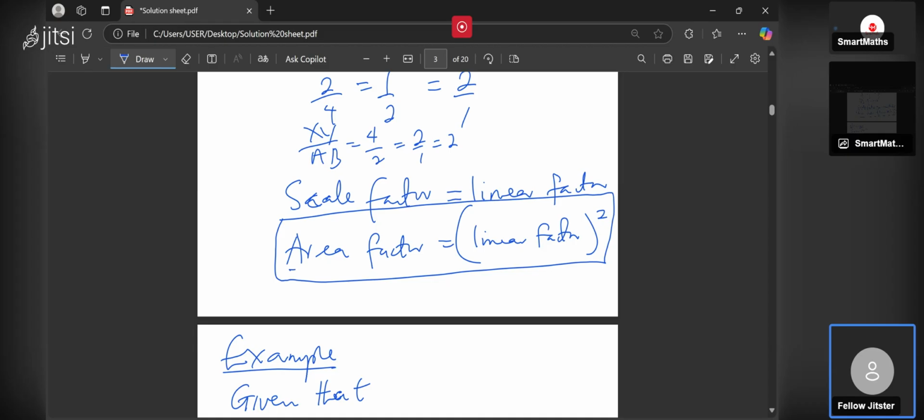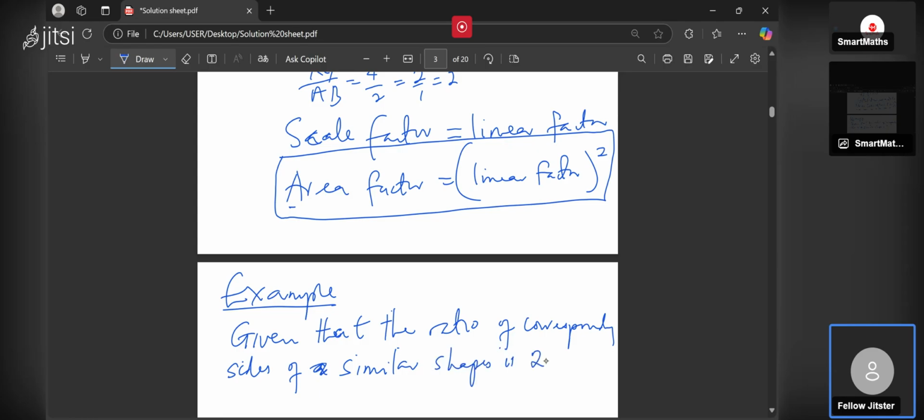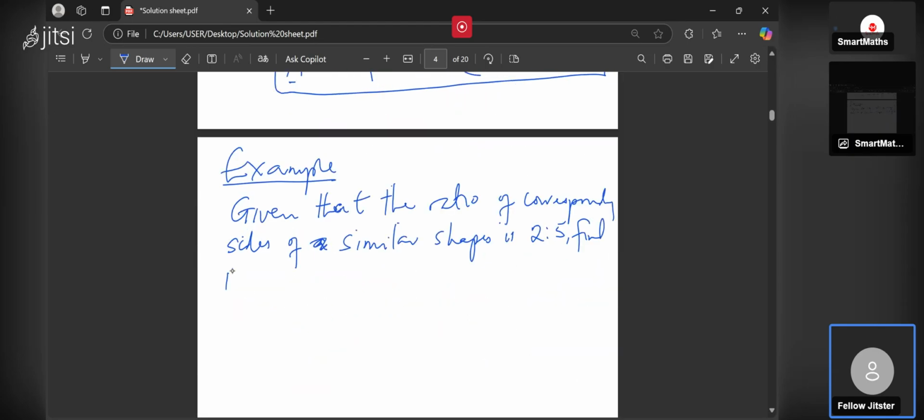So let's now look at an example. Given that the ratio of corresponding sides of a similar shape is 2 to 5, find the area factor.